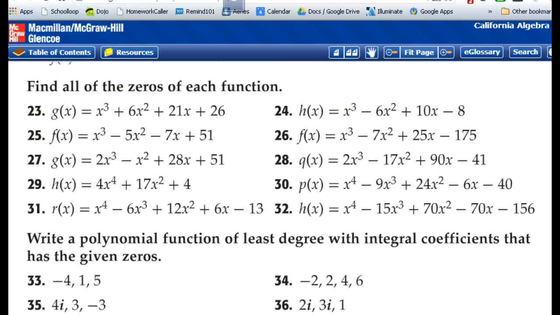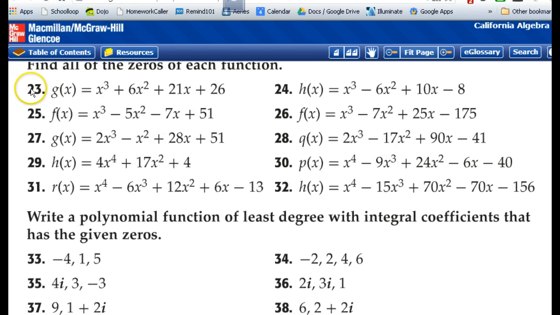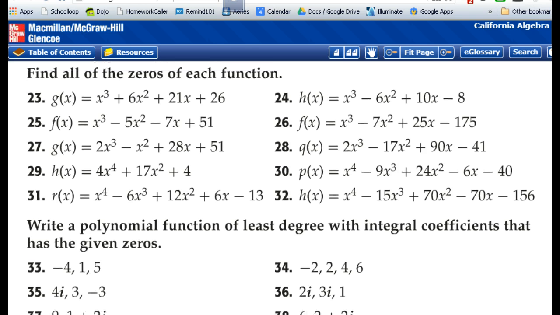After that, you're going to do these. Now look at all these problems, 23 through 32. Isn't this what we just did last night? Yeah, except for one thing, and what is that?